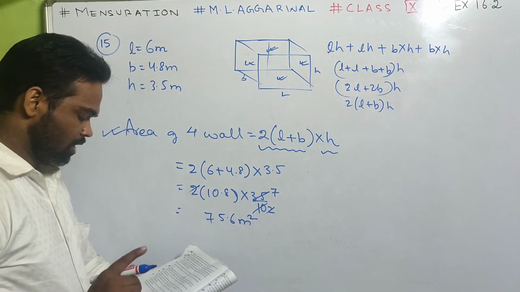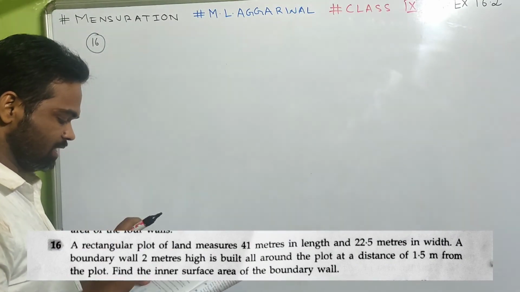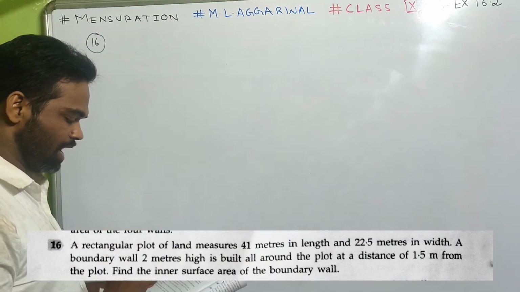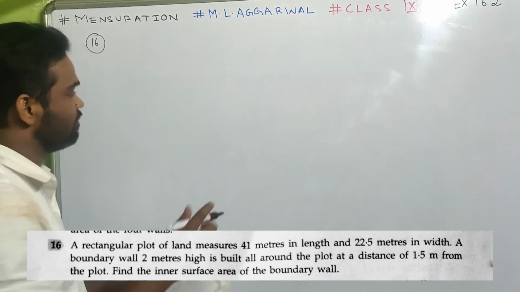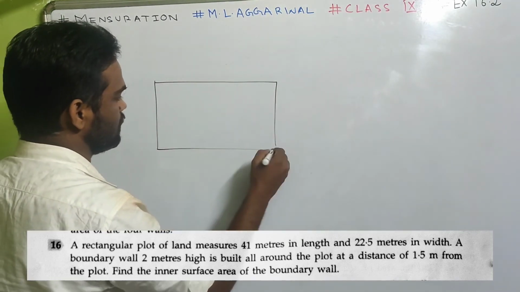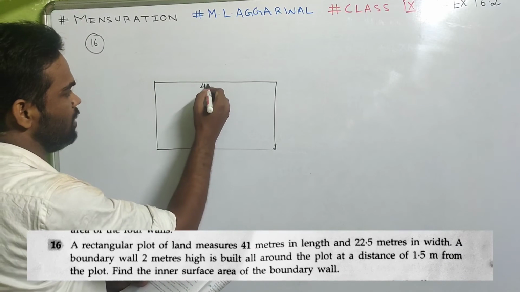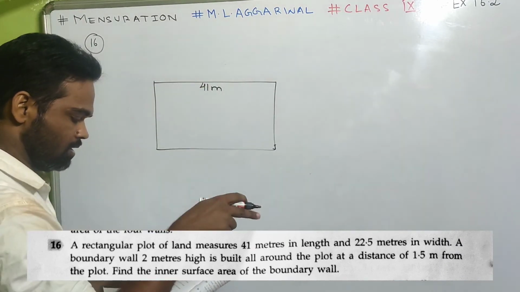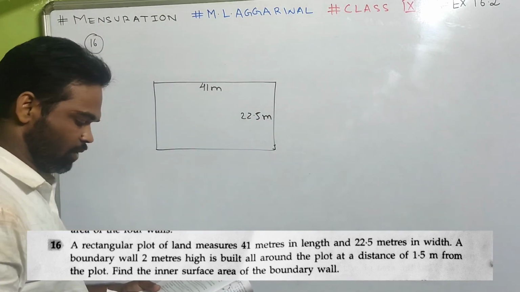Done. Now let us look at number 16. A rectangular plot of land measures 41 meter in length and 22.5 meter in width. I'll just draw the diagram first. That's given to us.